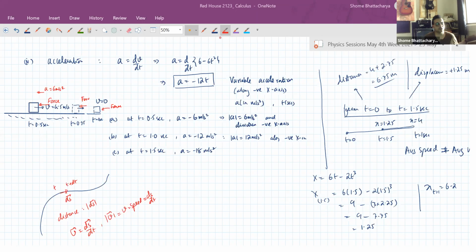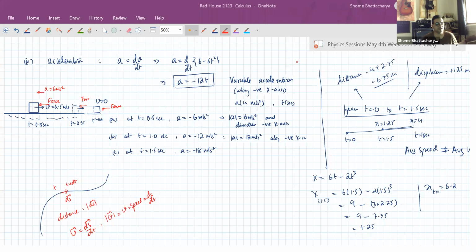Now, Adinath's question is that from v equal to 6 minus 6t squared, at t equal to 0 we get v equal to 6, whereas at the instant t equal to 0 it was given to be at rest. So actually, what is happening is that the particle might have been at rest initially up to t equal to 0 seconds.